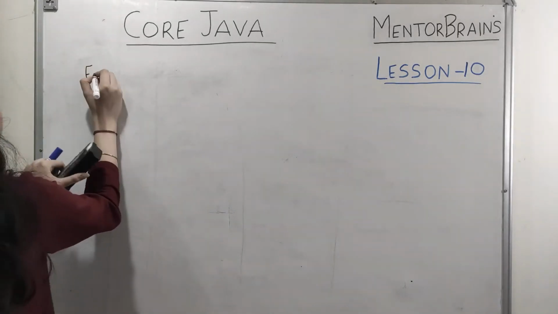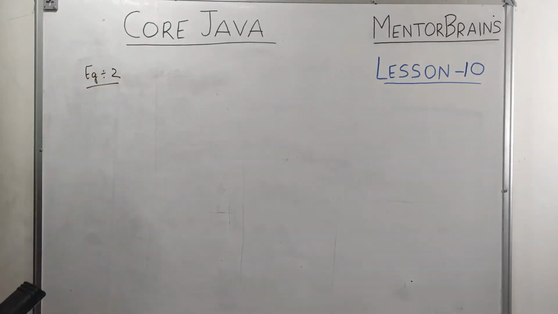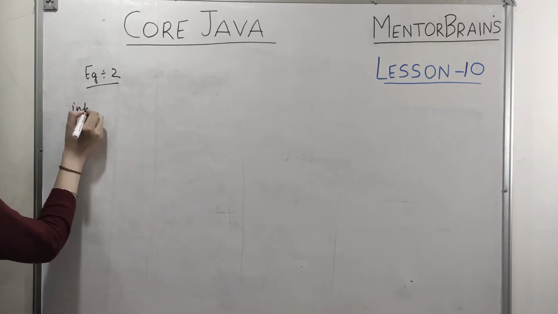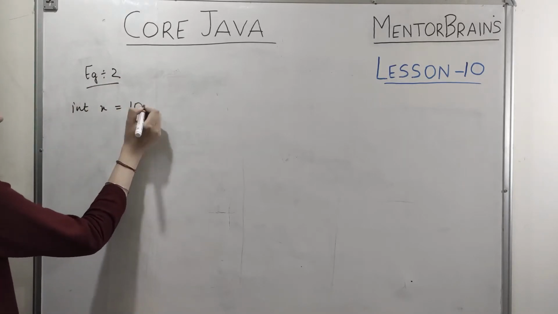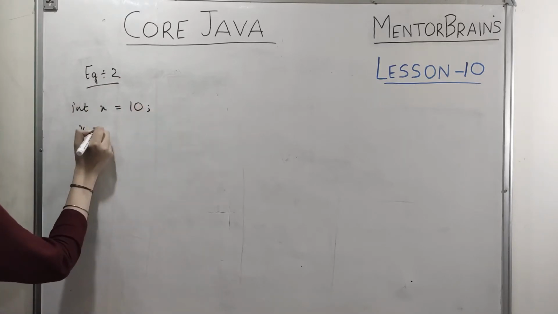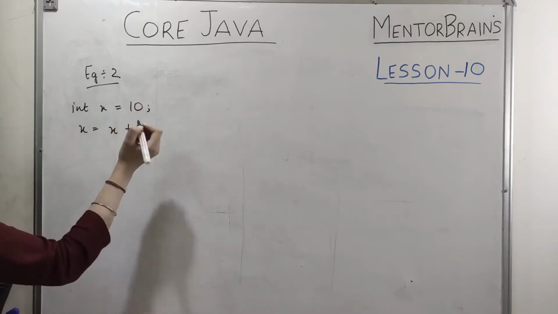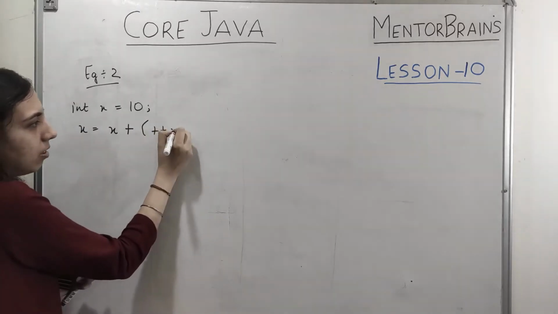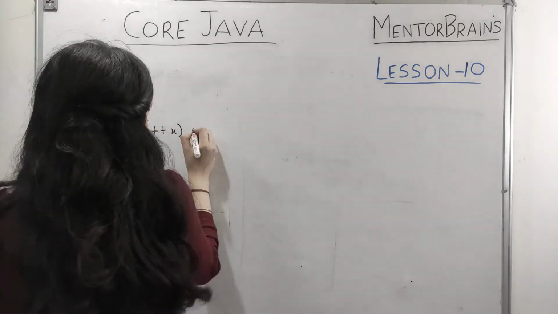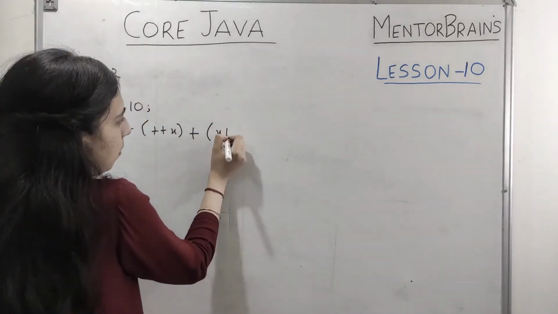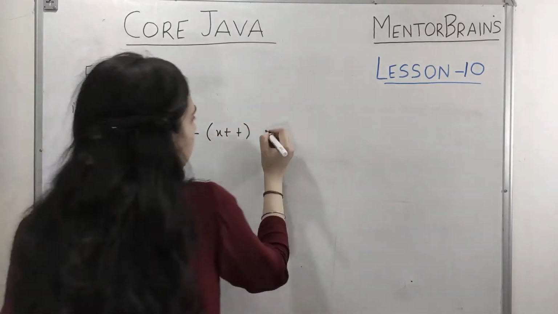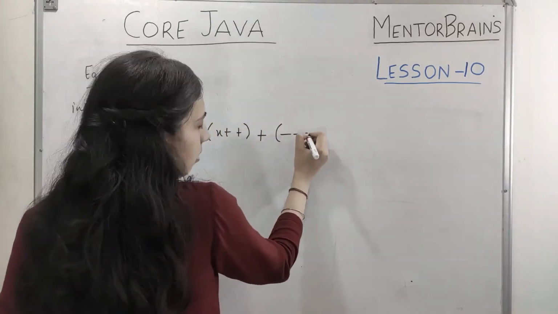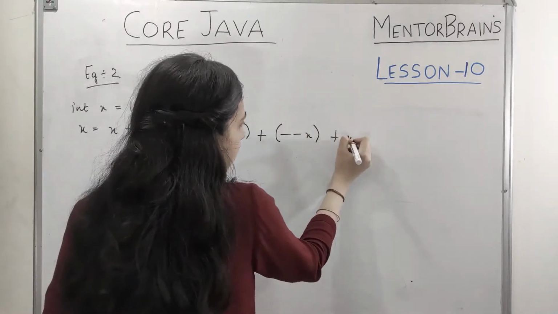So example 2. Okay, so int x equals 10, x equals x plus, I have a bracket over here, I'm writing ++x, then plus x++ plus --x plus x.